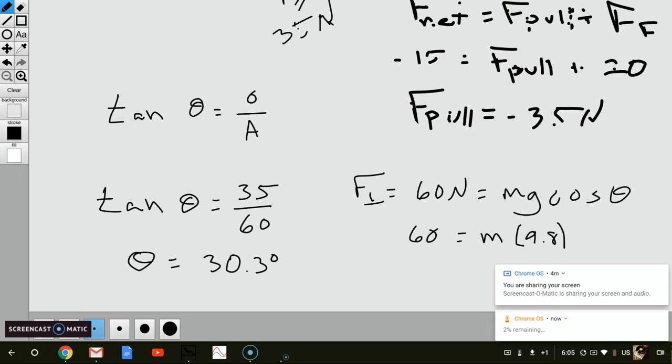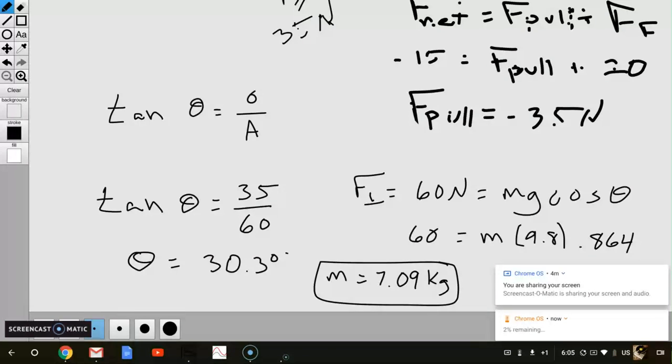You get 0.864 for that. And so if we solve for the mass here, we get 7.09. So the mass ends up being 7.09 kilograms.